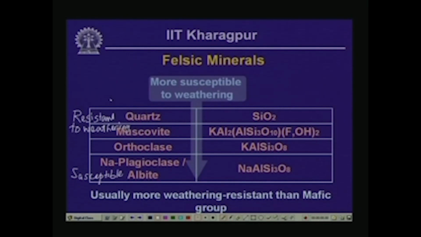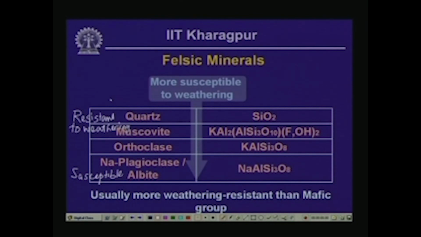Okay. And the chemical composition of these minerals is also indicated in the column on the right. And quartz, as you all know, the chemical formula for that one is SiO2. Muscovite mica is basically potassium calcium aluminosilicate.